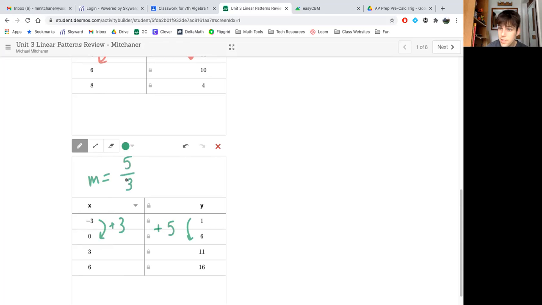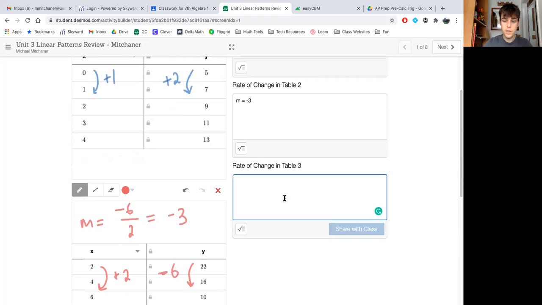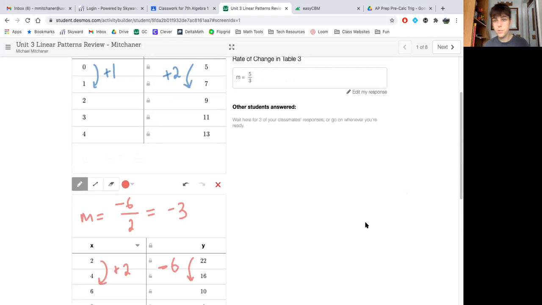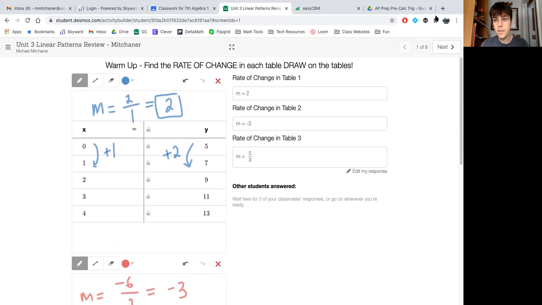In this case, it doesn't simplify. That is simply the answer. We have to leave it in fraction form. So here m equals, and we can put it in as a fraction using our input tool, and I'll put in the fraction button, 5 over 3. And there we go. We can share these answers with the class. Move forward.